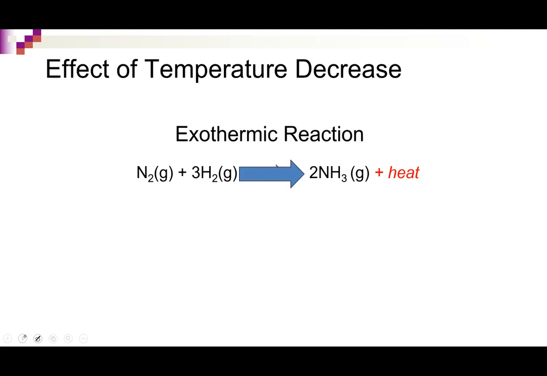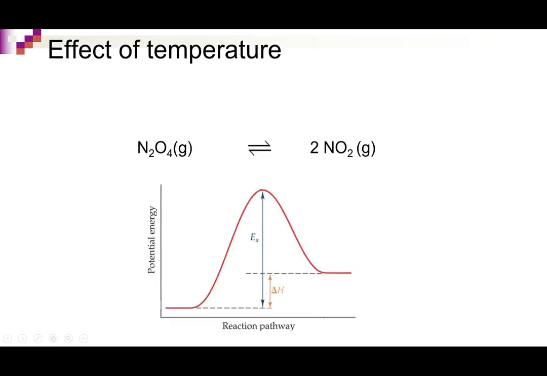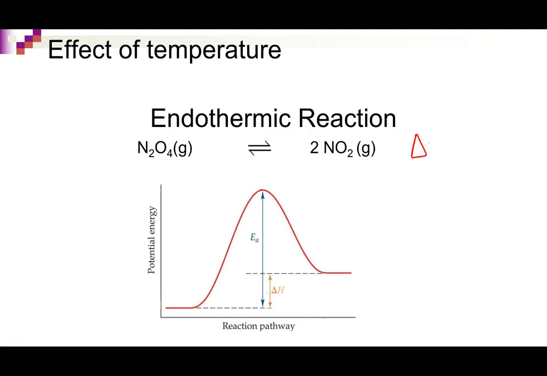The other scenario is an endothermic reaction. In an endothermic reaction, your delta H is going to be a positive number. So let's say it's positive 57, I don't know. Okay. So in an endothermic reaction, heat is entering the system.